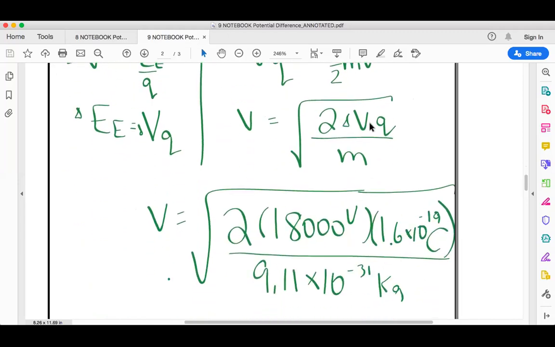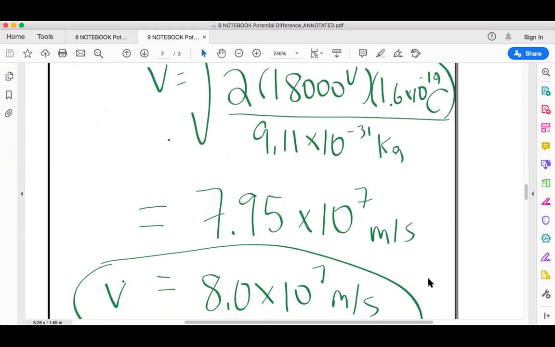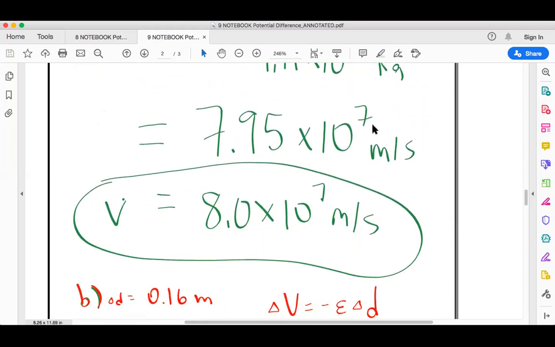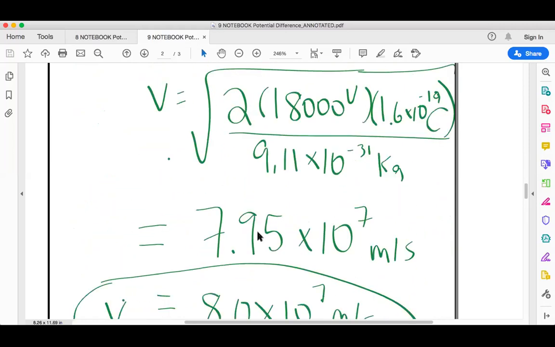So we've got the square root of 2 delta V Q over M, and we substitute in the givens. Again, we need to look up the charge on an electron, which is 1.6 times 10 to the minus 19 coulombs. And so for speed with 2 sig figs, we get 8.0 times 10 to the 7 meters per second.